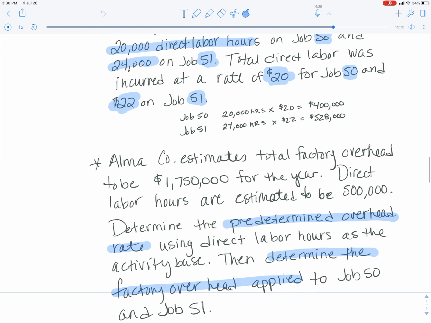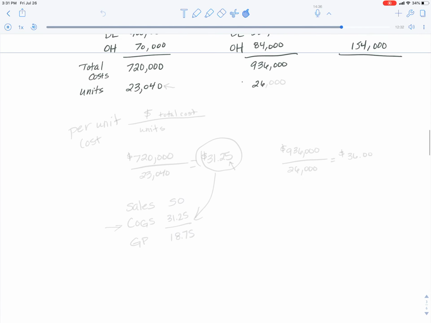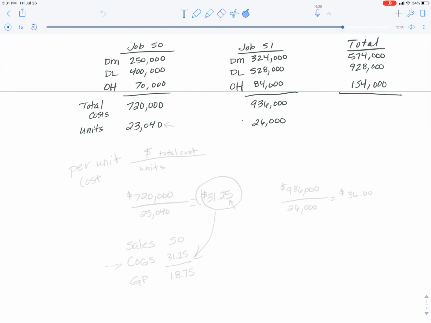Okay, so now the last part is how many units did each job make? So job 50 had 23,040 units and 26,000 for job 51. So once we know how many units it made, we can come up with a per unit cost. So to get a per unit cost, you're going to use this formula.